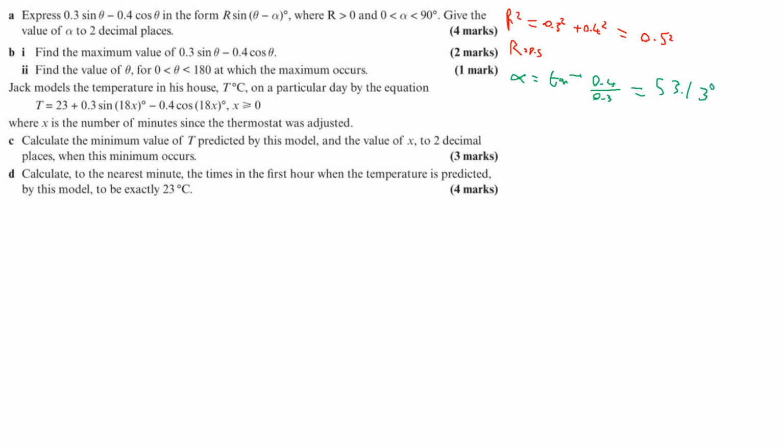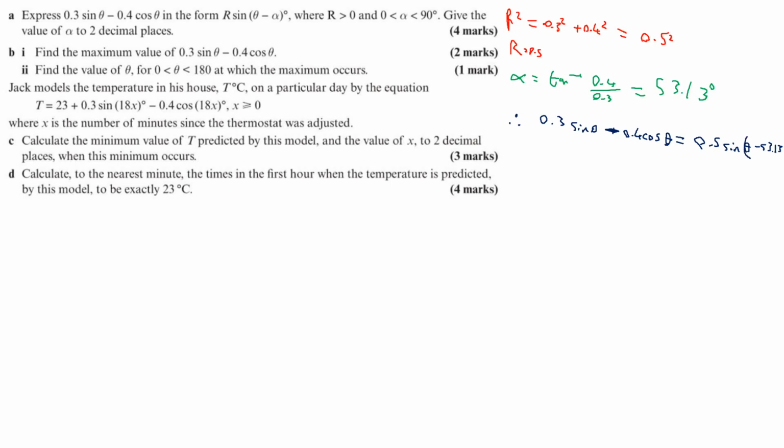And so therefore, 0.3 sine theta minus 0.4 cos theta is equal to 0.5 sine (theta minus 53.13).